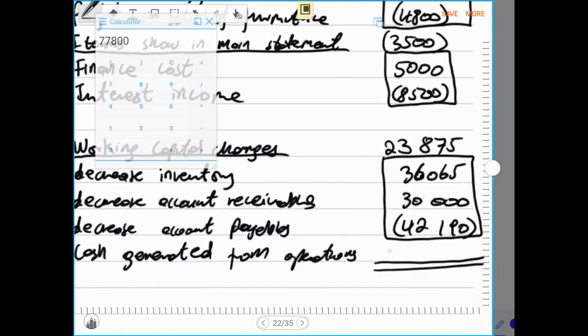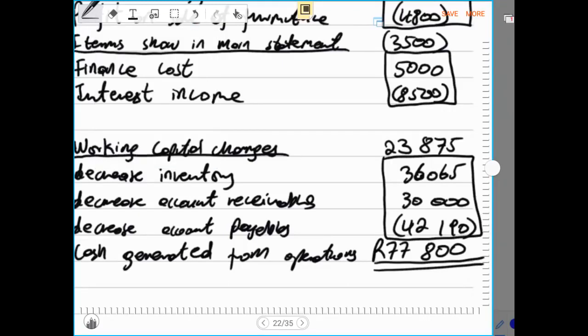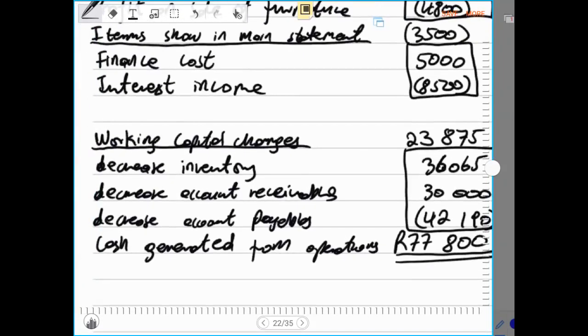Then the 77,800 will be the cash generated from operations, which is 77,800 rands.